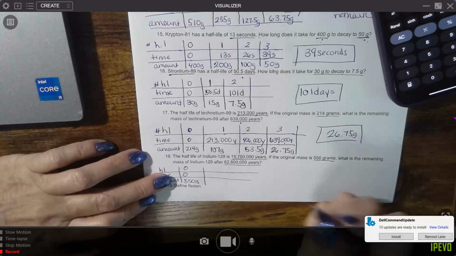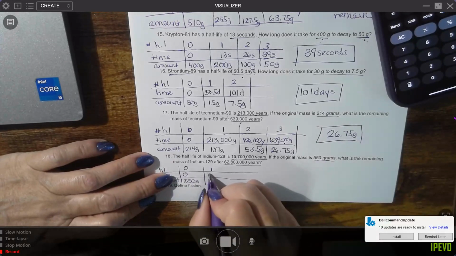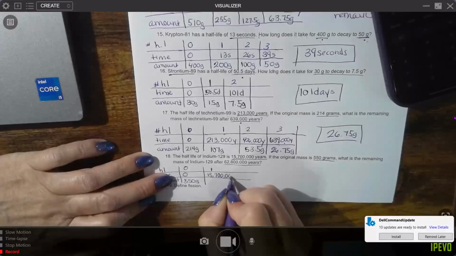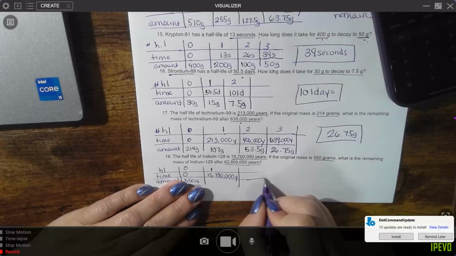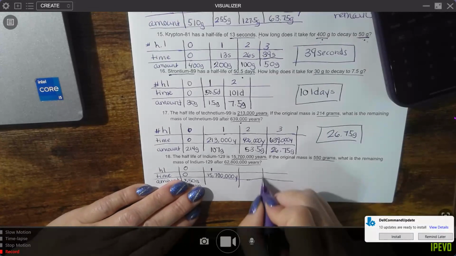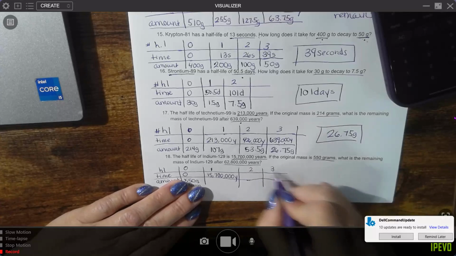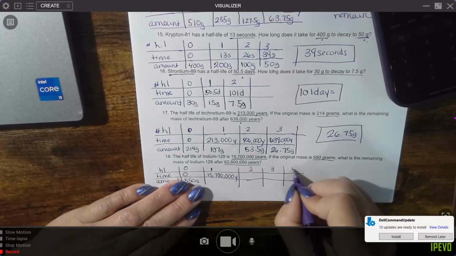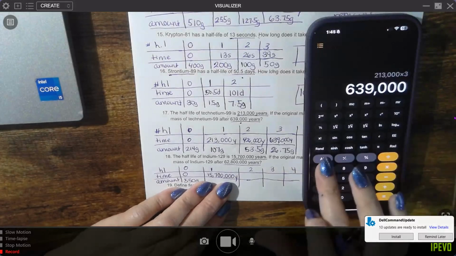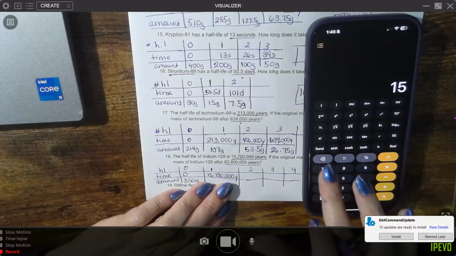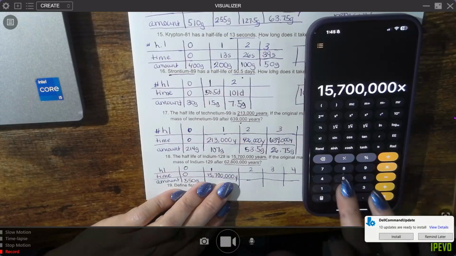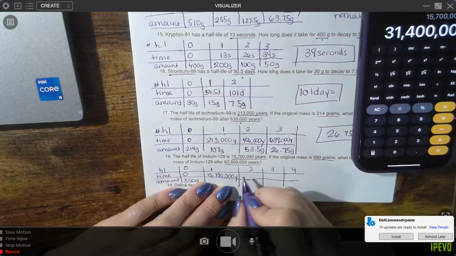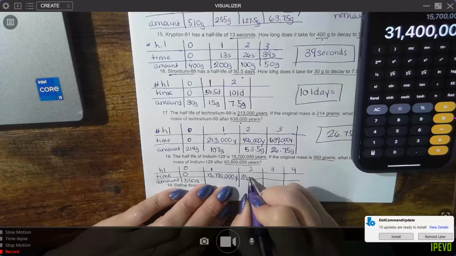And then one half-life is 15,700,000 years. It's giving us a number of years, so let's see if we can figure out how many half-lives. 15,700,000 years times 2 is 31,400,000.